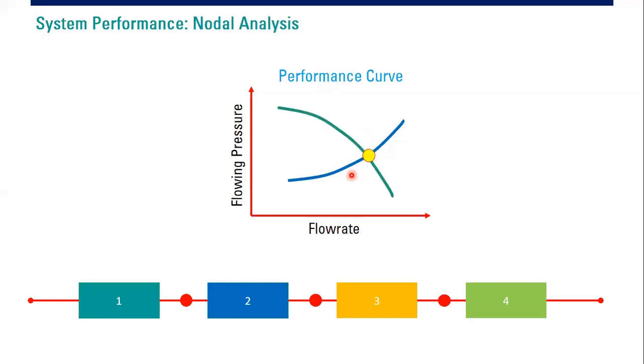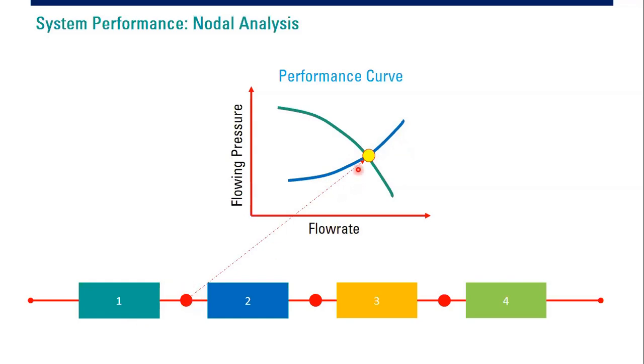If we overlay the first curve and the second curve, we will have this one, where there is an intersection between the performance curve of element 1 and the performance curve of element 2.